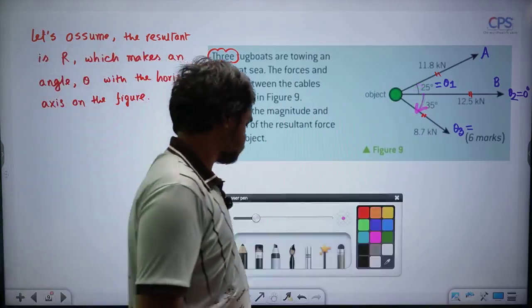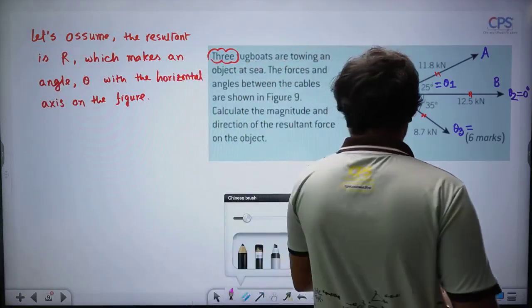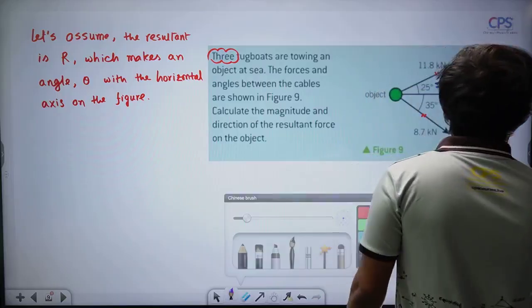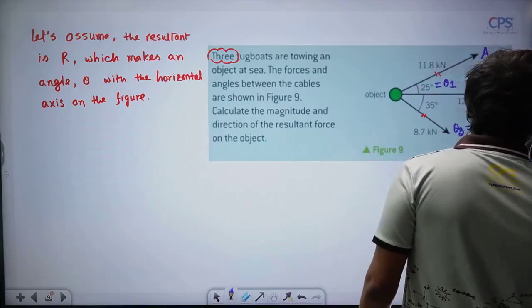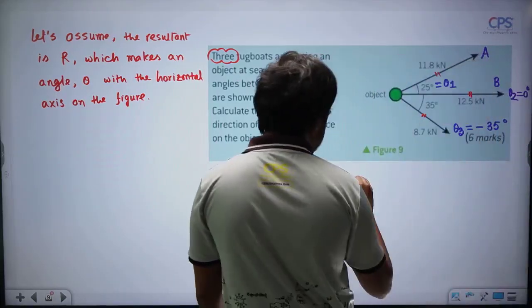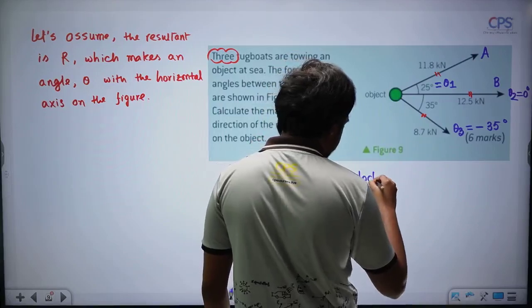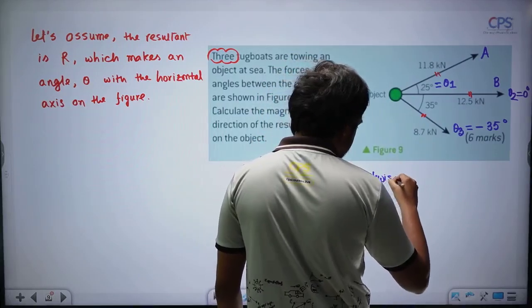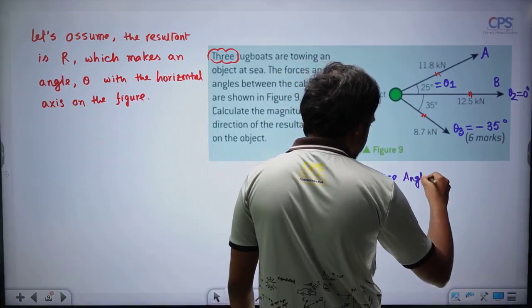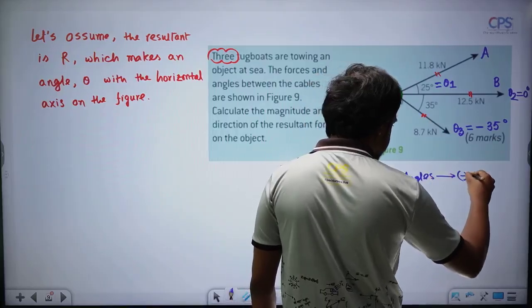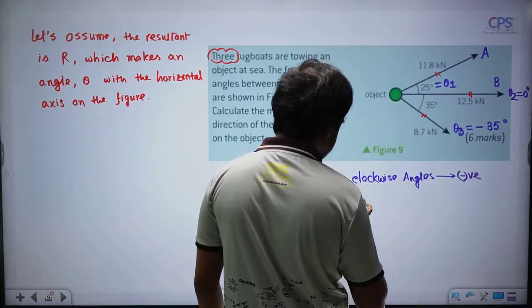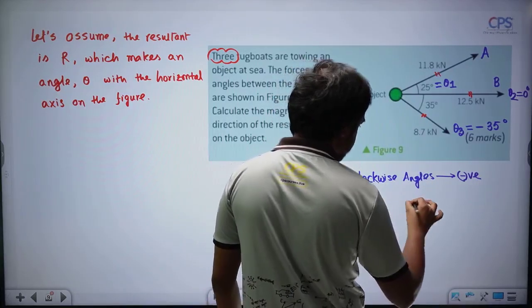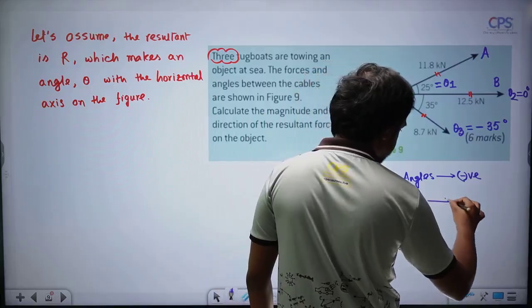So what you need to do is give it a minus. Minus of 35. So remember this: clockwise angles are negative, anti-clockwise angles are positive.